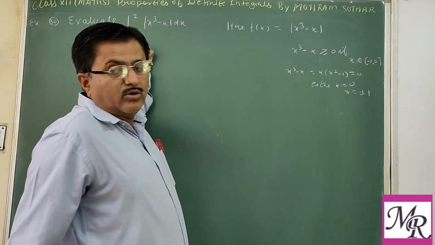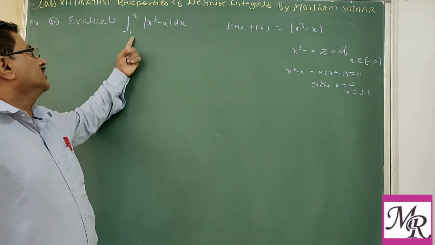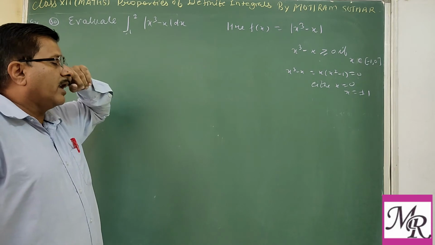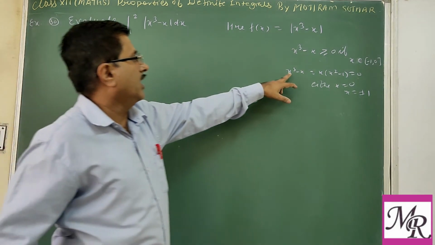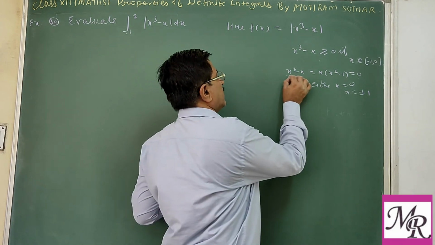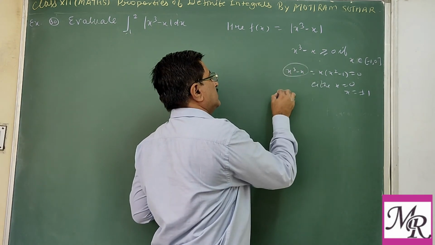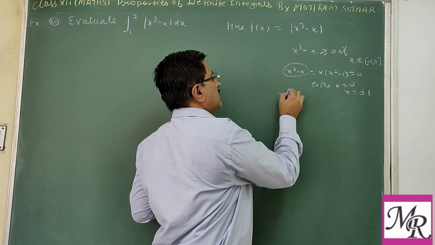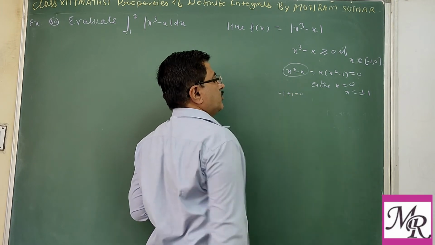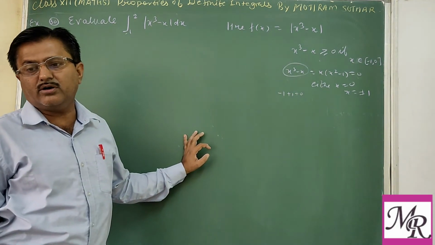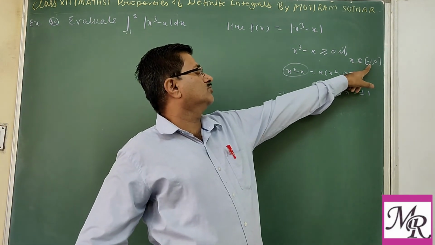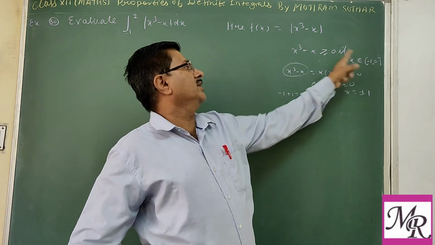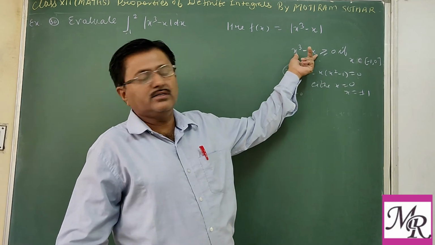So now we can divide this limit, because the limit is given from minus 1 to 2. If you put minus 1 here, then the value is minus 1 power 3 minus (minus 1), which is 0. That is a positive value at x equals minus 1. So for x in minus 1 to 0, this is positive, greater than 0.